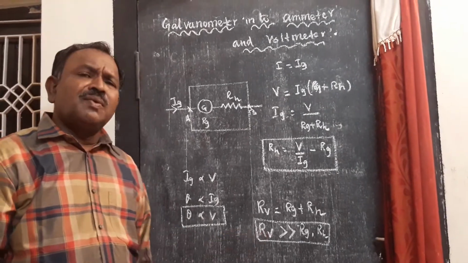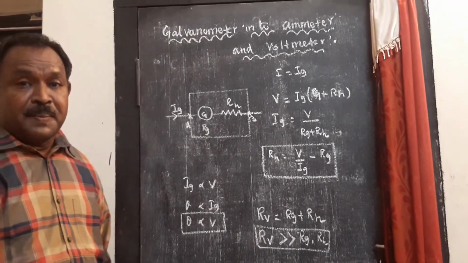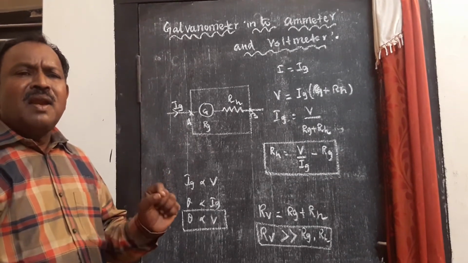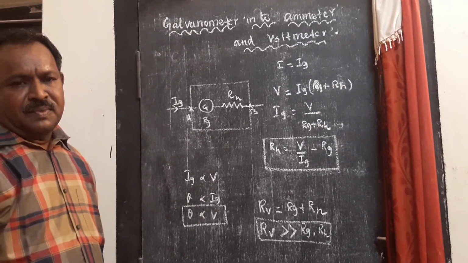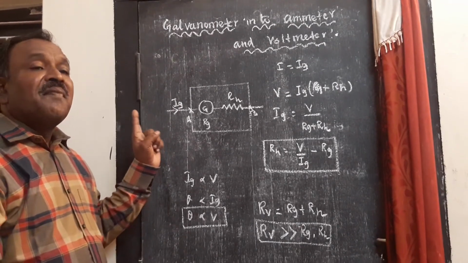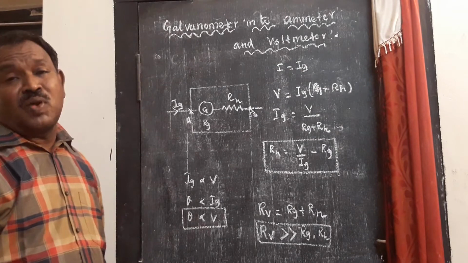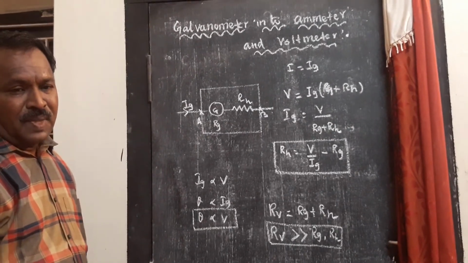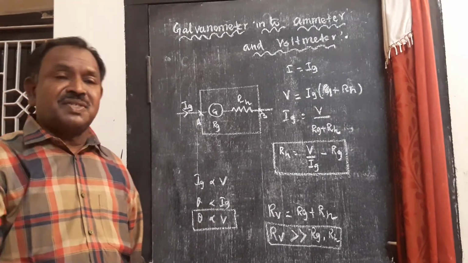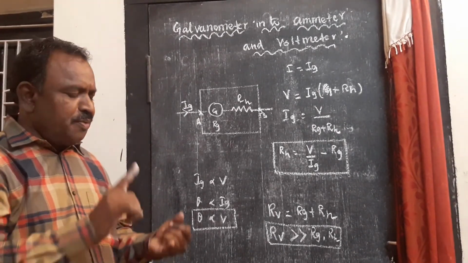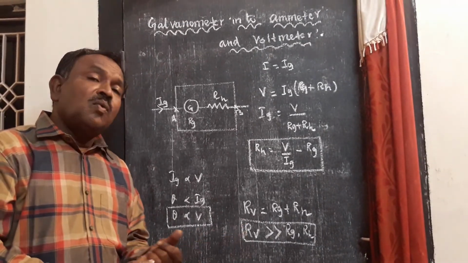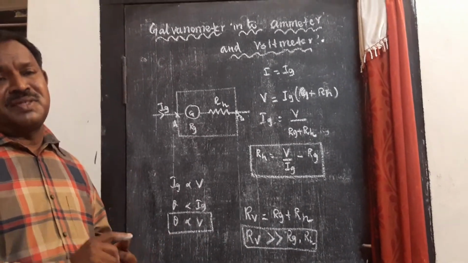Since the resistance of the voltmeter is very high, a voltmeter is always connected in parallel to the external circuit. When it is connected in parallel, it will not vary the current that is already flowing in the electrical circuit. An ideal voltmeter should have infinite resistance.